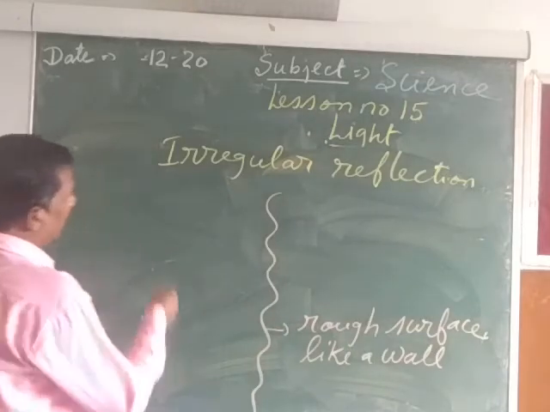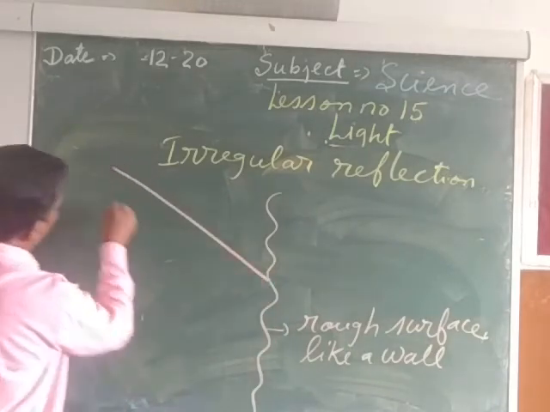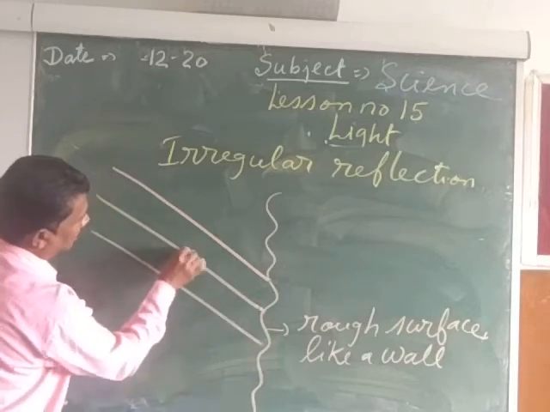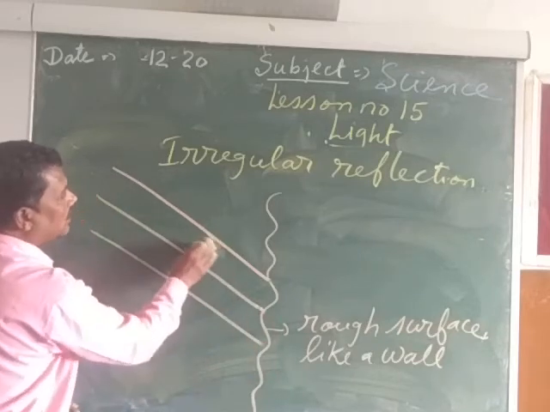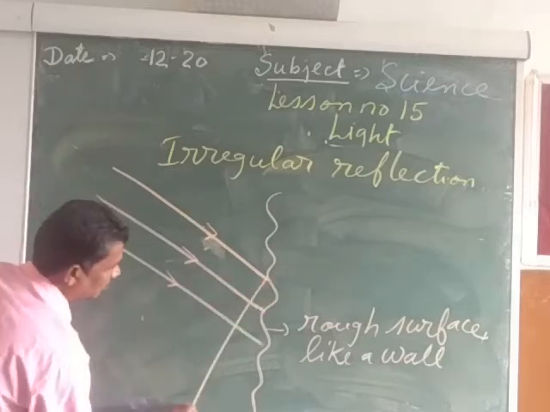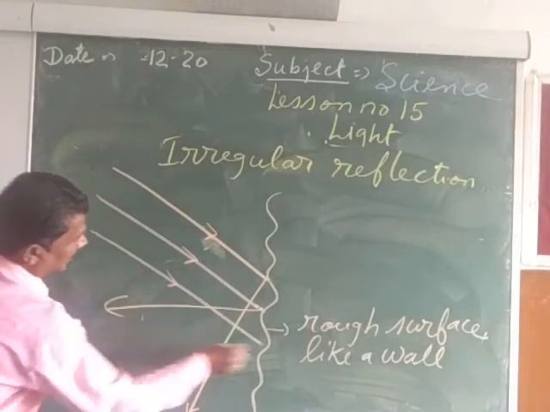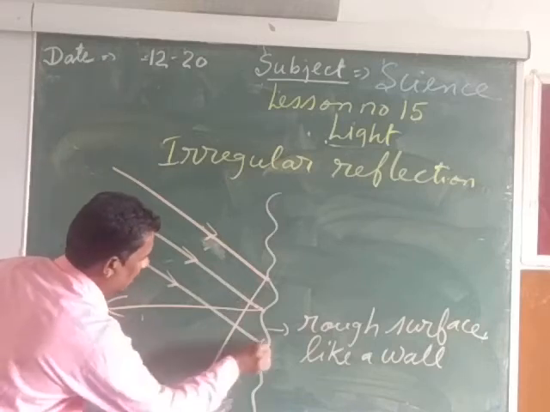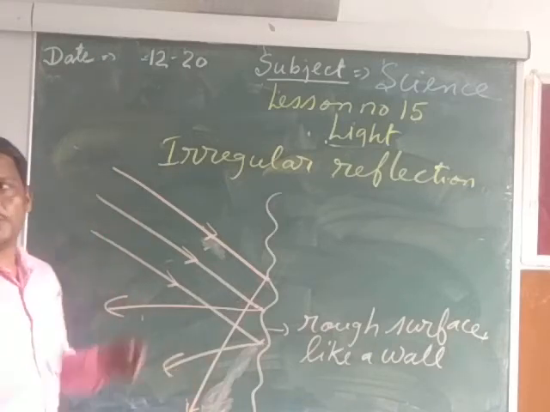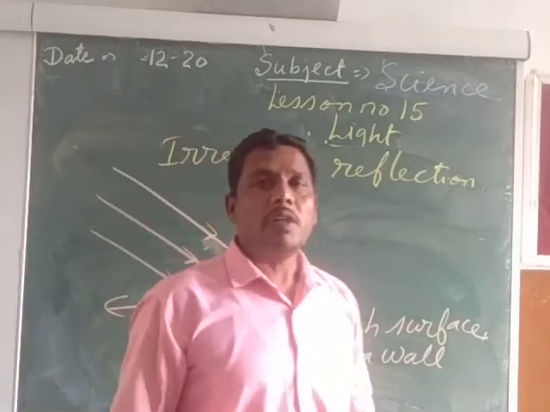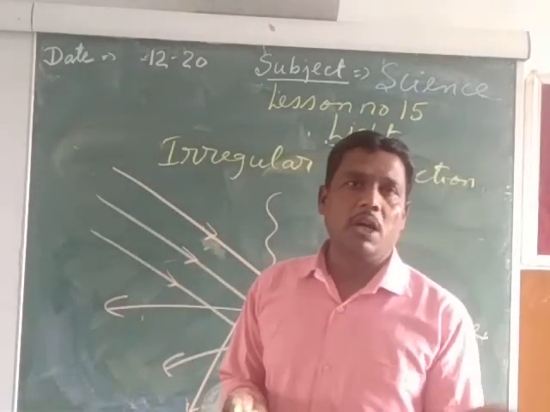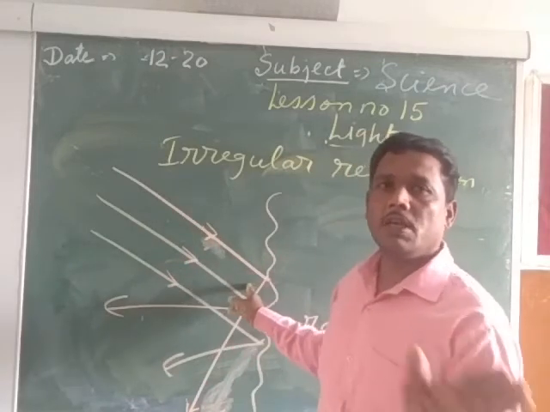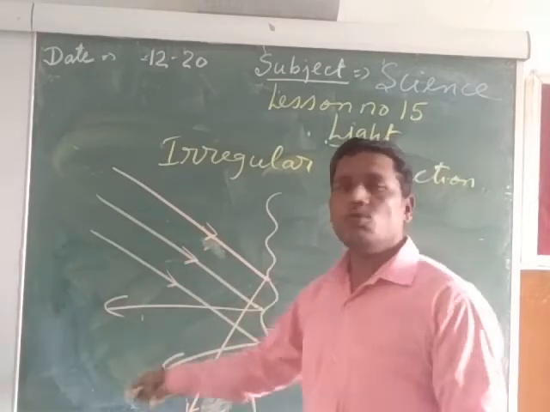So see, whenever the light is falling on the rough surface like a wall, at what angle the light is falling? The light is never going with the same angle, but the light is going with a different angle. So see my child, whenever the light is falling on the rough surface, like the ground, like the wall, like the stone, the light is never going with the same angle, but with a different angle.